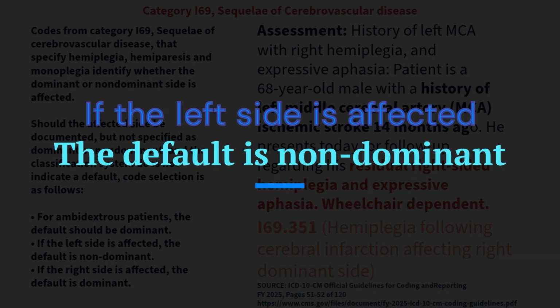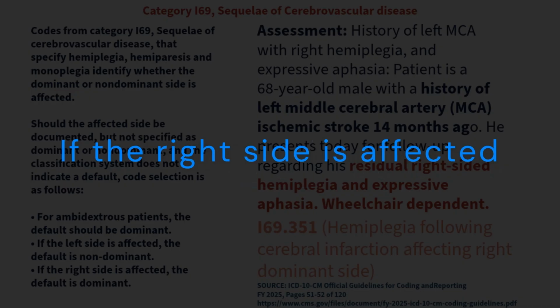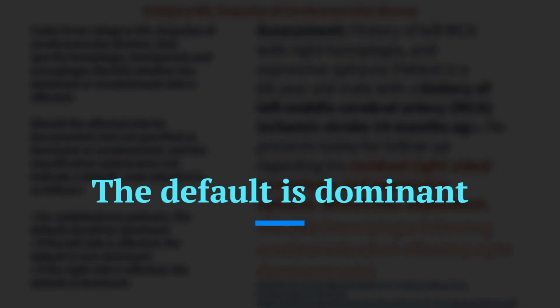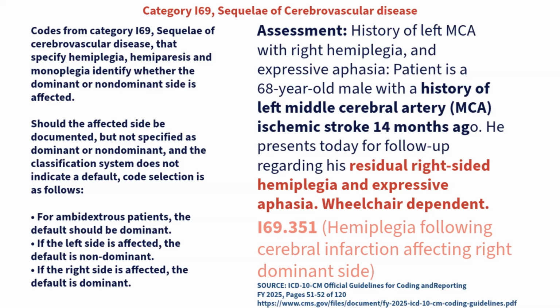And if the right side is affected, the default is dominant, like our example here. The provider did not specify if the patient is right or left hand dominant, so therefore we chose the code to specify that his stroke produced a right-sided hemiplegia. According to the guidelines, we're going to use the right side as the dominant side for this patient.